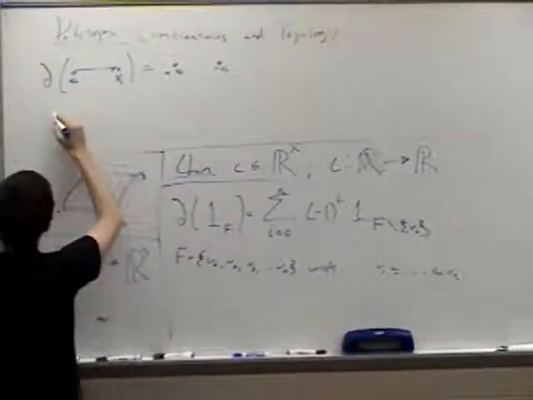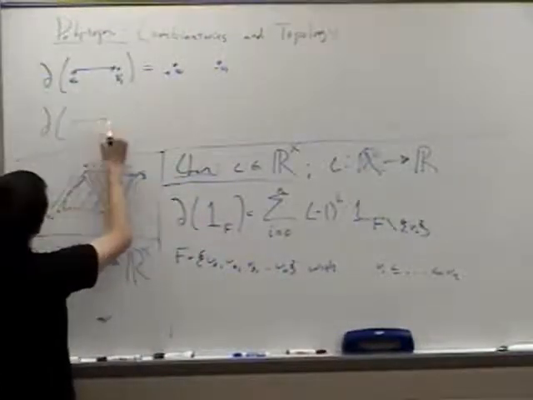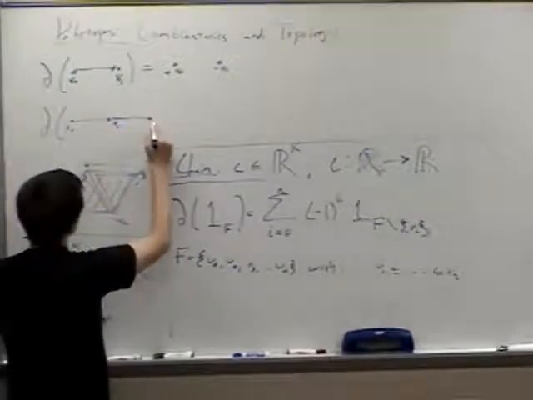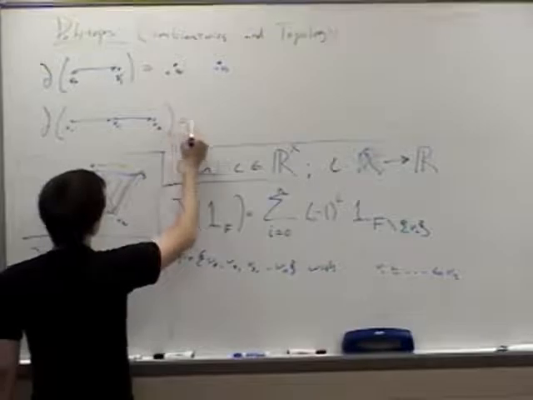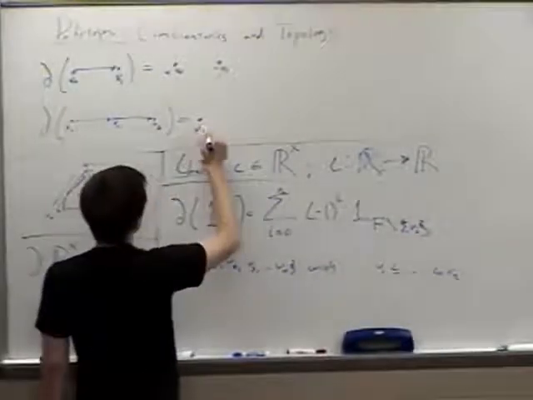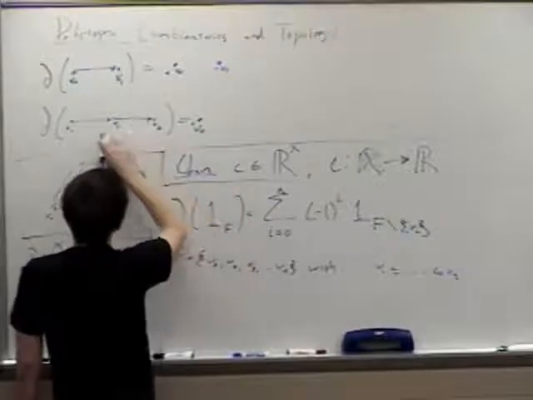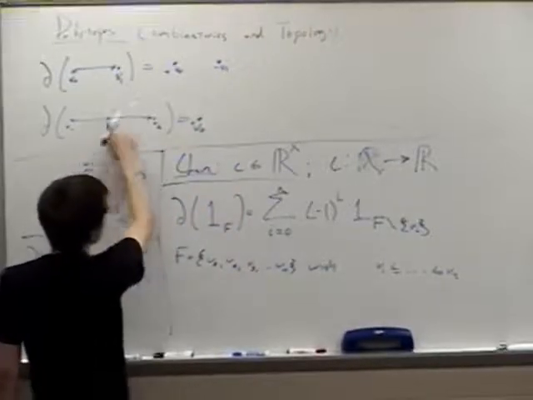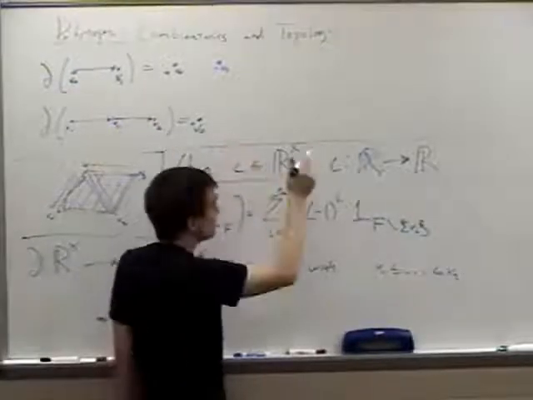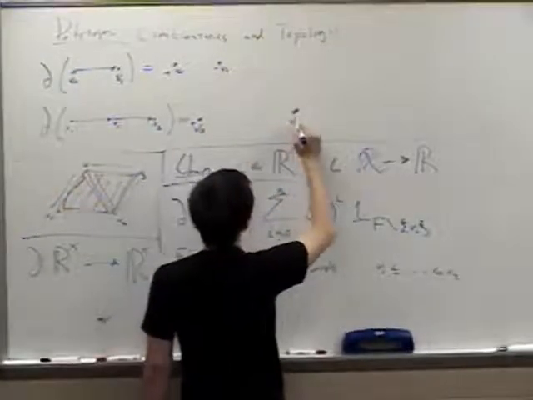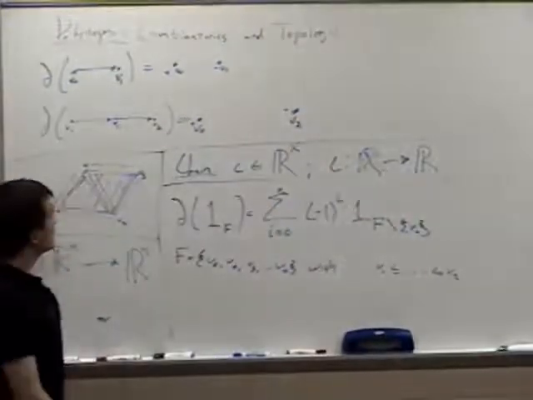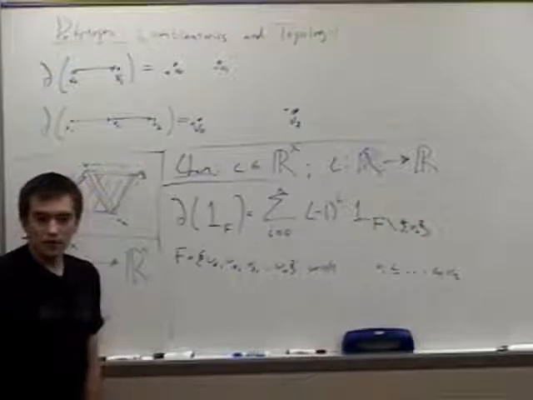Or if I take a pair of lines chained together, so v0 maps to v1 maps to v2, and I apply this operation, well, I'm going to get a plus v1. Then I'm going to have a minus v1 on this end and a plus v1 on this end. So those are just going to cancel out, so I don't get a v1. And then at the end, I'll have a minus v2, because of the other term. So the v1 goes away, and I'm left with only the boundary of this thing.